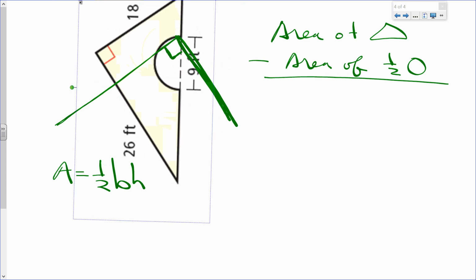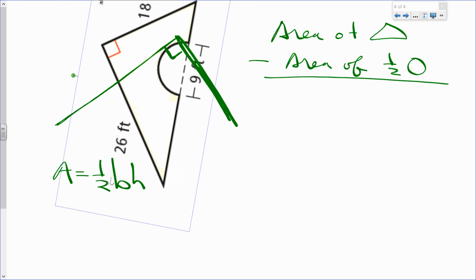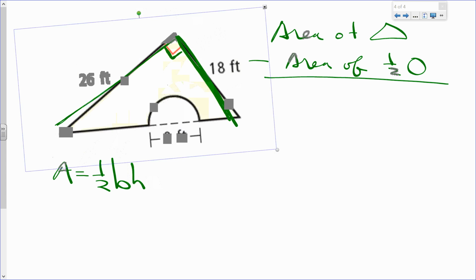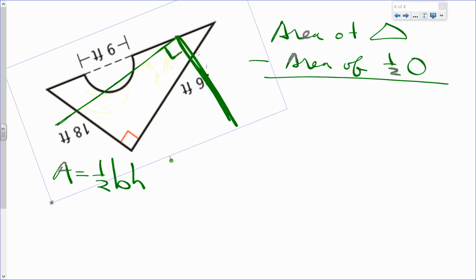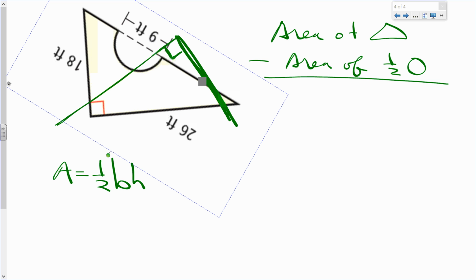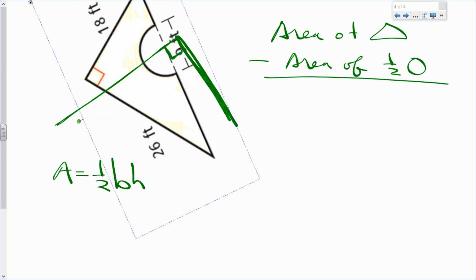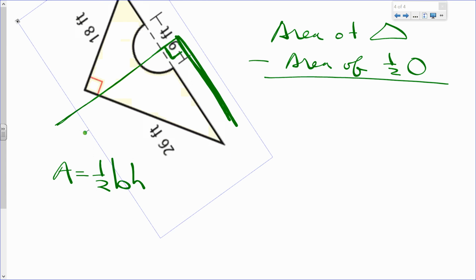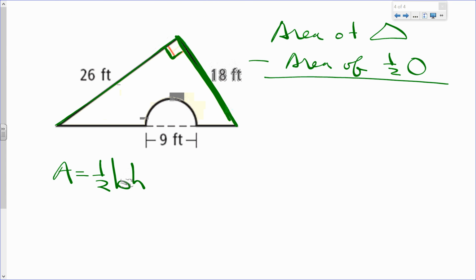I'm just spinning it around and around. So if you want the 8 at the bottom, sure, look at it, it's at the bottom now. The base is always going to be next to the 90 degrees. The base and the height are always connected at 90 degrees. That's my point. So it doesn't matter how I draw this. In order to identify the base and the height, they're always connected at perpendicular, 90 degrees. Here we go.